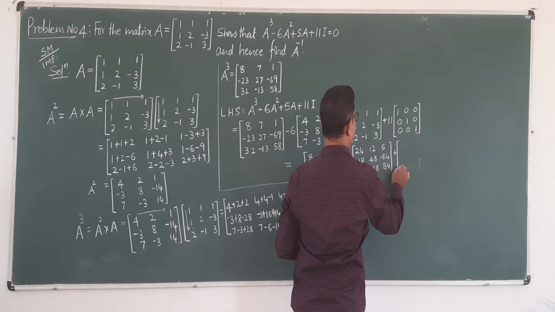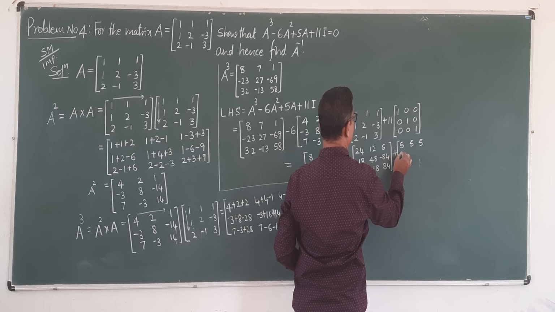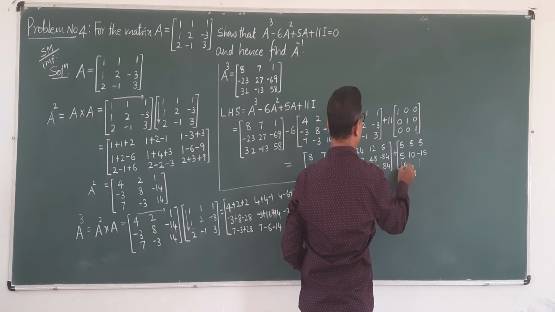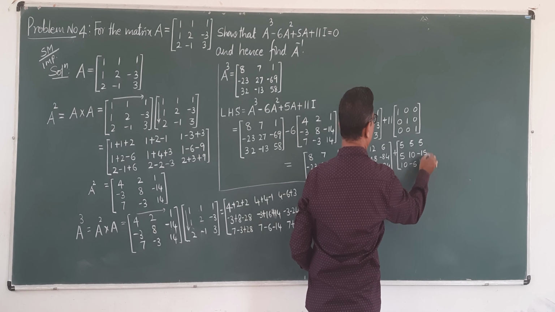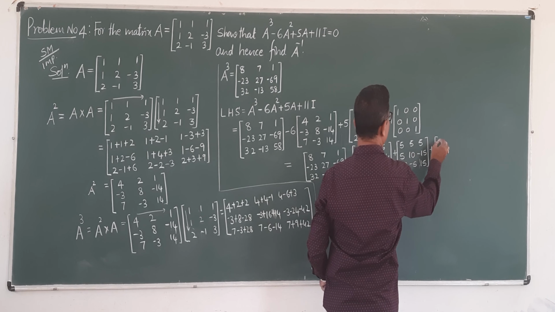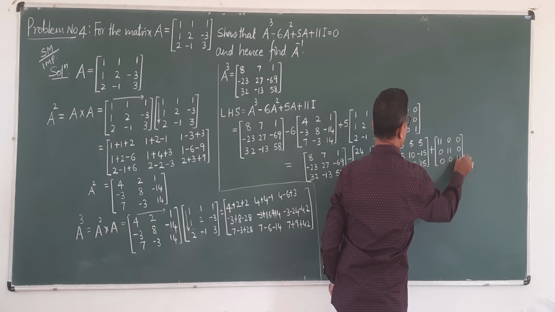Plus, again by scalar multiplication, 5: 5 1s are 5, 5 2s are 10, minus 15, 10, minus 5, 15. Plus, multiply each element by 11: 11, 0, 0; 0, 11, 0; 0, 0, 11.